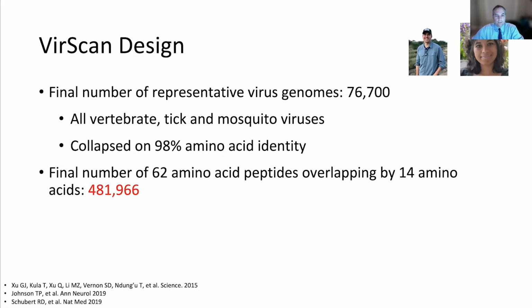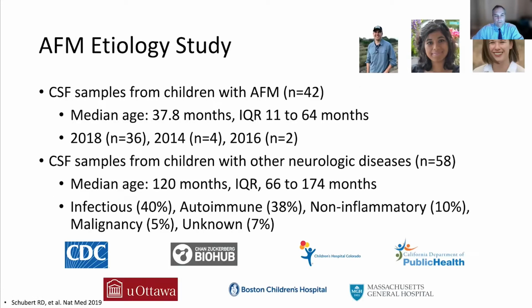And then we similarly have adapted and used this technology. We've created our own VIR-scan library with a larger number of viral peptides, but conceptually the same idea. This is a library that has peptides tiling across all vertebrate, tick, and mosquito viruses. And we utilized this tool to investigate another neuroinflammatory syndrome, acute flaccid myelitis, which is a polio-like illness afflicting children.